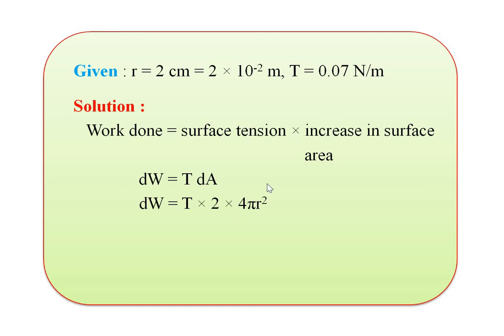Calculating, dW is equal to surface tension 0.07 into 2 into 4 into pi value 3.14 into r, that means in SI form, 2 into 10 raised to minus 2, whole square. So with simple multiplication, we get the final answer.